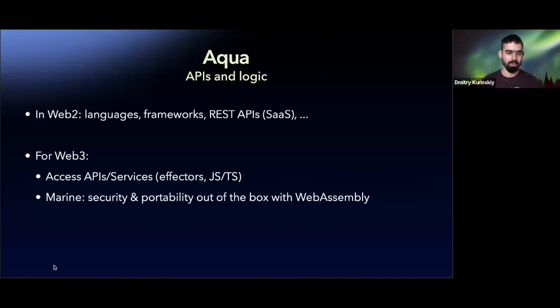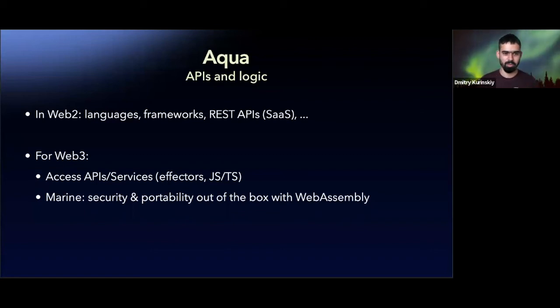And for the new logic, for the new problems and new domains, you can use Marine, our WebAssembly runtime, and you can have security and portability of the code execution out of the box. So with Marine, you can run the code on the nodes. You can run the code on JavaScript. You can run the code on the browsers. We haven't released Marine Web yet, but now I'm pretty sure that it's very close.